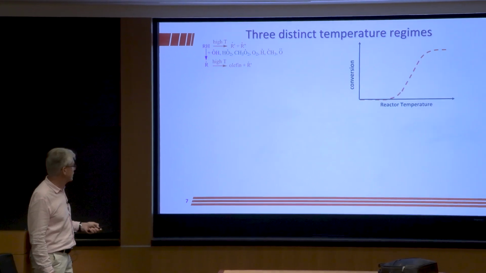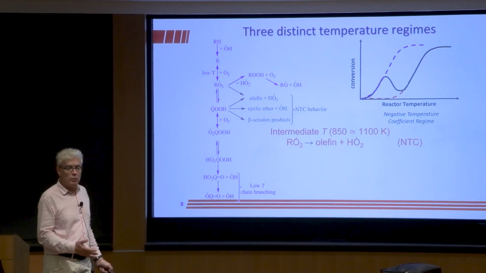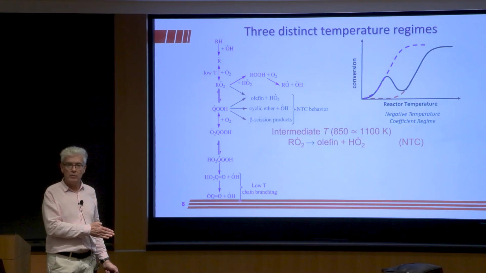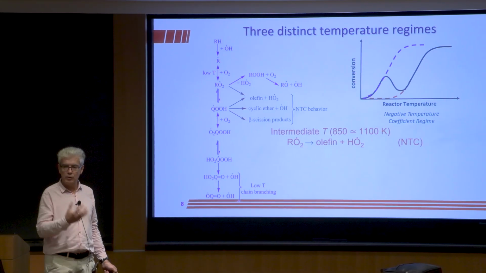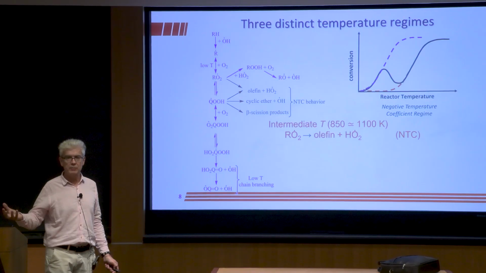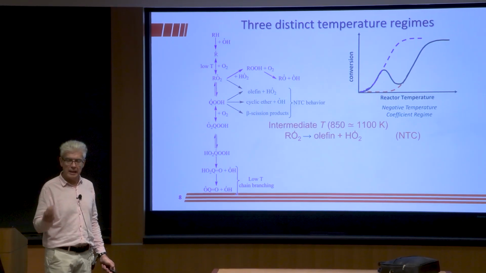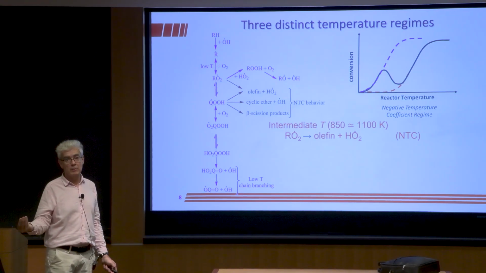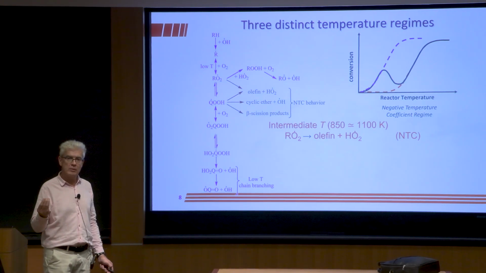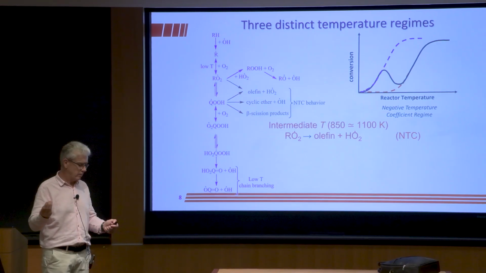The HO2 will abstract from a stable molecule, giving you H2O2, which will give you two OH radicals. And that gives you branching at intermediate temperatures. So the source of HO2 at intermediate temperatures is actually from RO2, and RO2 concentration is directly proportional to fuel concentration.